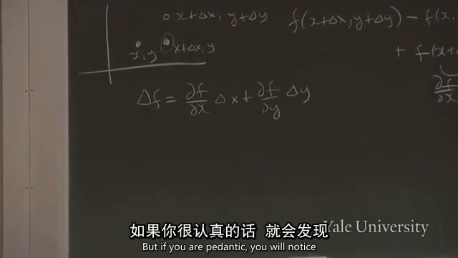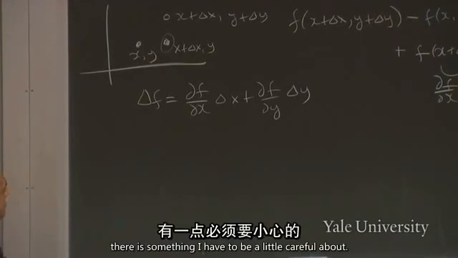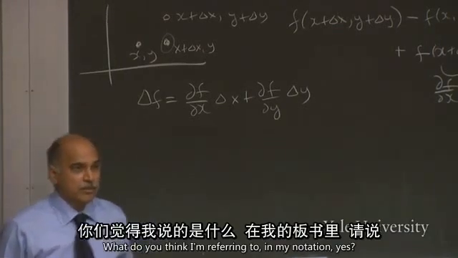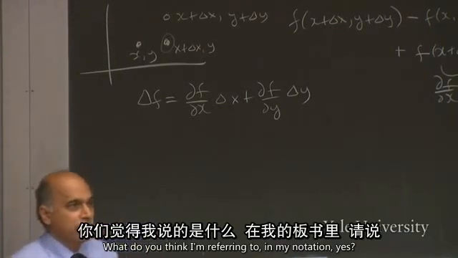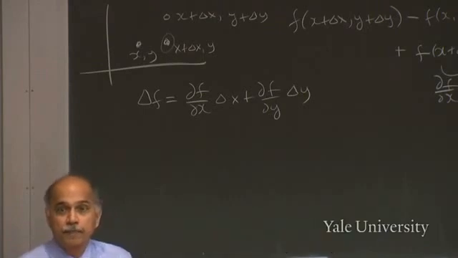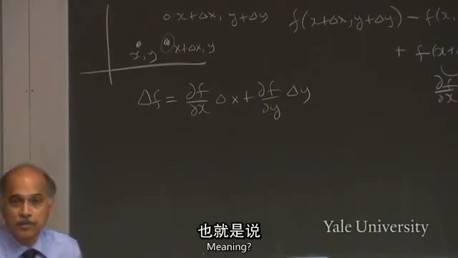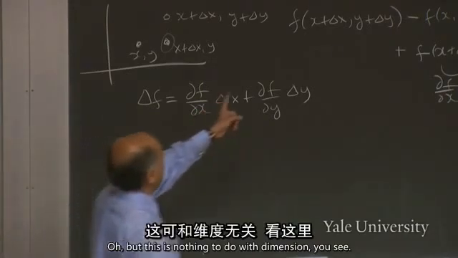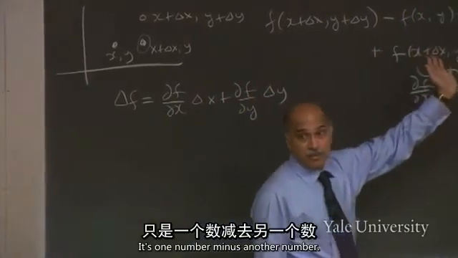But if you're pedantic, you will notice there's something I have to be a little careful about. What do you think I'm referring to in my notation? But this has nothing to do with dimension. You see, it's one number minus another number.